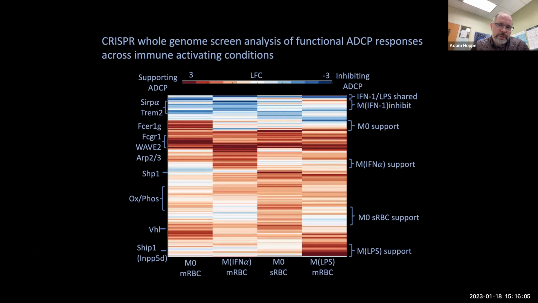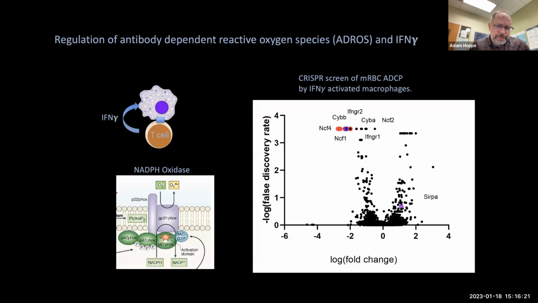And we've been doing this across, this is just a small snapshot of a handful of the immune modulatory conditions we've been looking at, but we can begin to define clades of genes that are supporting different attributes or aspects of these antibody-dependent functions. So one that came up, and I think it may be important in the context of these viral infections, but hasn't received a lot of attention, is the reactive oxygen species.